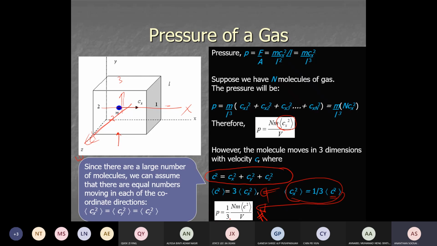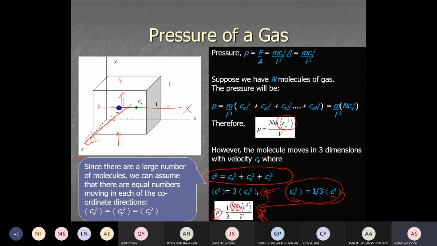So you see the final formula. P stands for the pressure on one of the surfaces. It depends on the number of particles. Do you agree, more N means more pressure. It depends on the mass of each particle. Is it hydrogen? Is it helium? Helium has more mass, so it should exert more pressure.